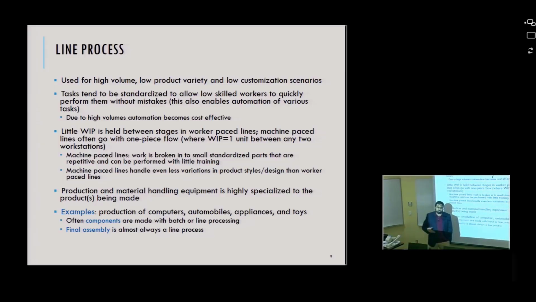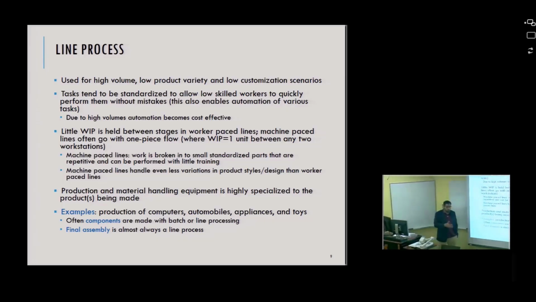So to convince your supplier to also go to line processing, there needs to be more put in place, which we study in more detail in the supply chain course, but essentially your supplier needs to know that you're going to give them enough volumes and you're in it for the long term, and then they will make the investment to be a line process as well.